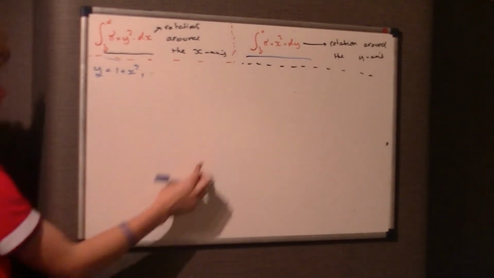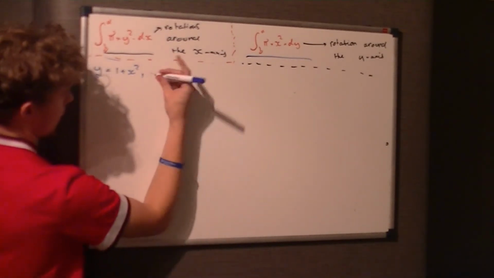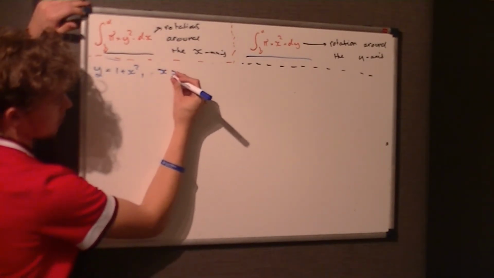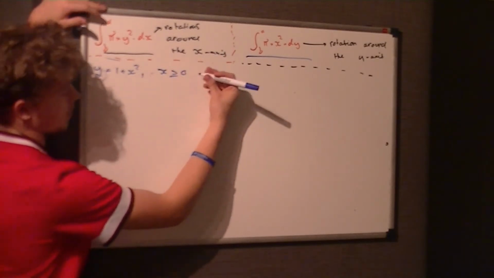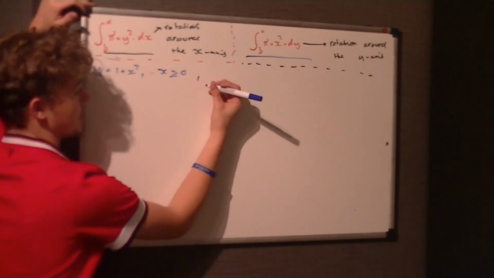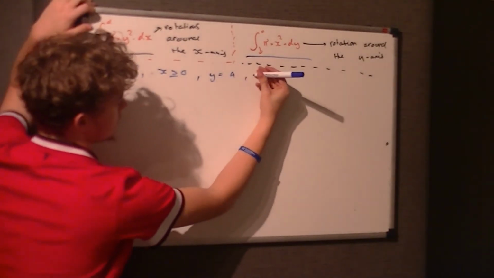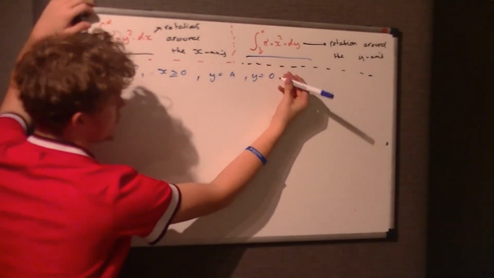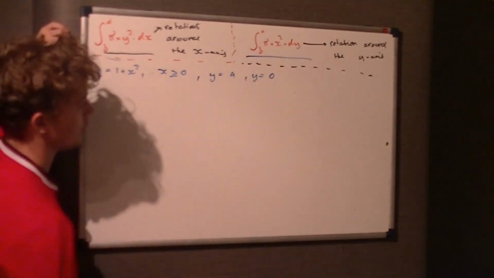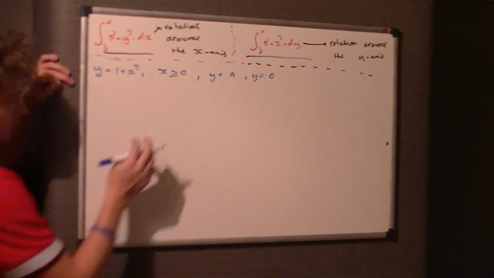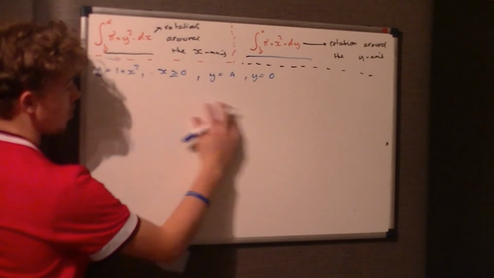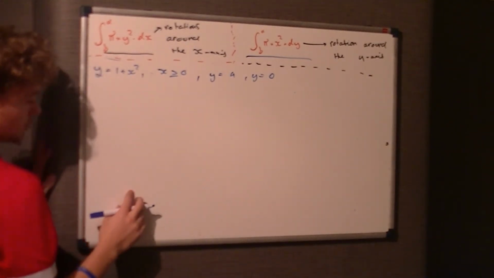We're told that x must be bigger or equal to 0, so it gives us a bit of help. And it says between the lines y equals 4 and y equals 0, which are just the limits a and b, by the way.